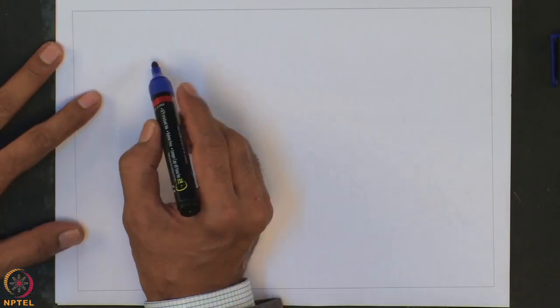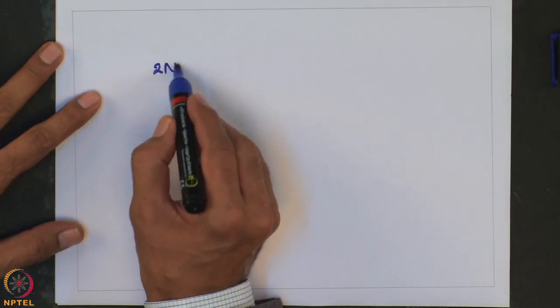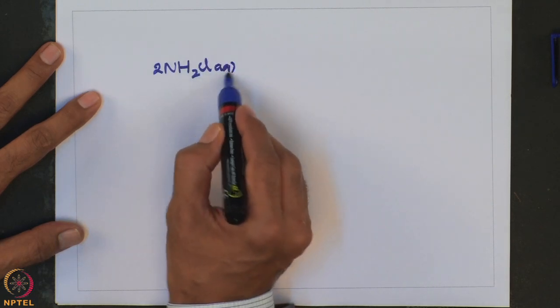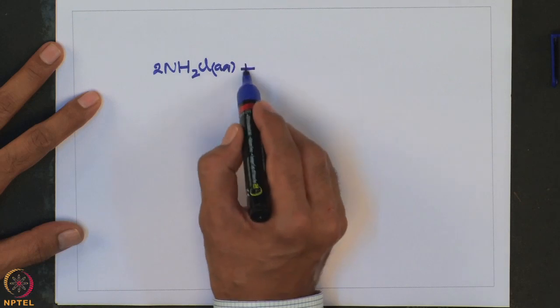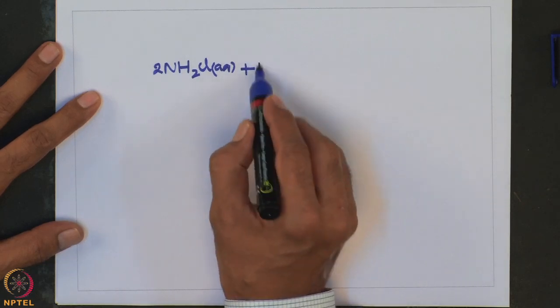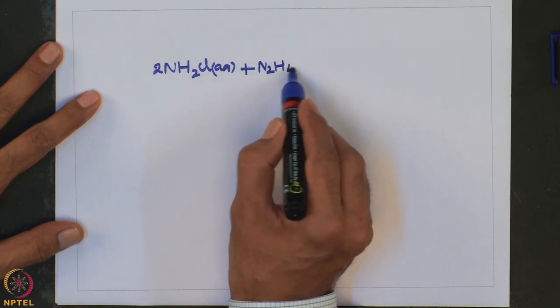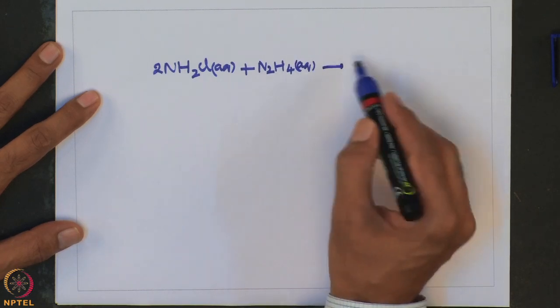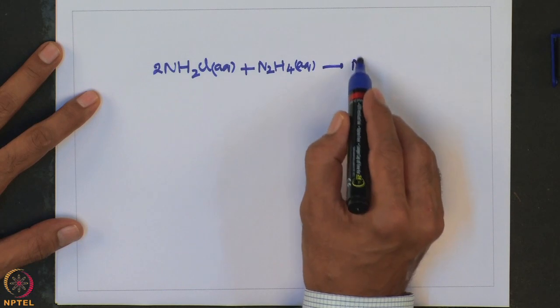For example, if NH2Cl is treated with N2H4, it forms N2 gas.